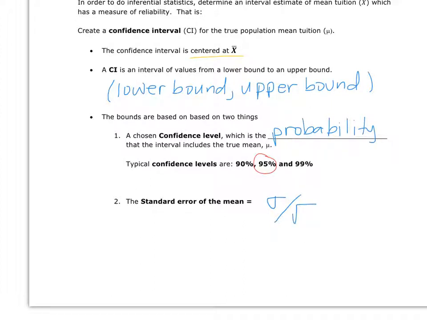So the standard error of the mean is equal to sigma over square root n, or it's the standard deviation of x bar, which we also used this notation to stand for. Okay, so those two things are what determines the lower and upper bound of a confidence interval.